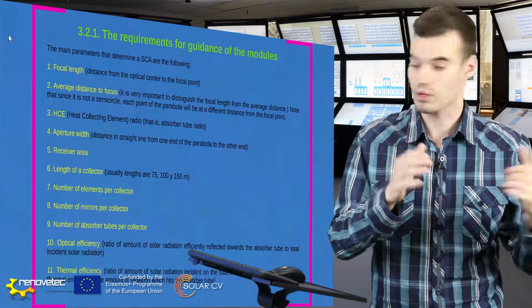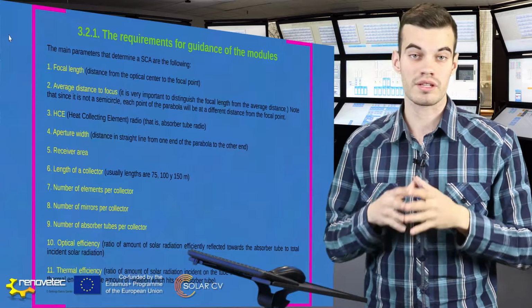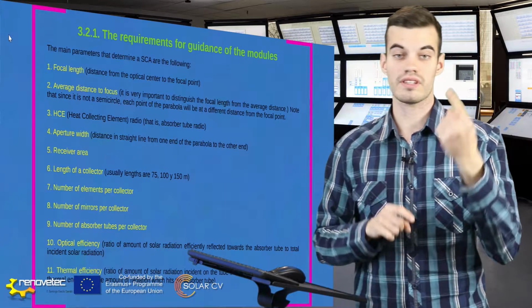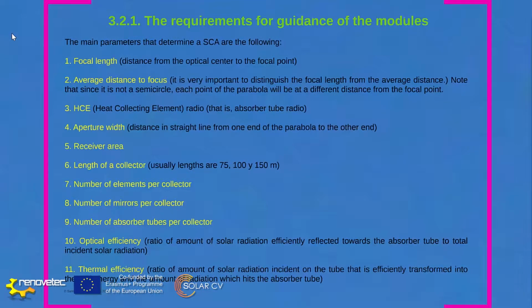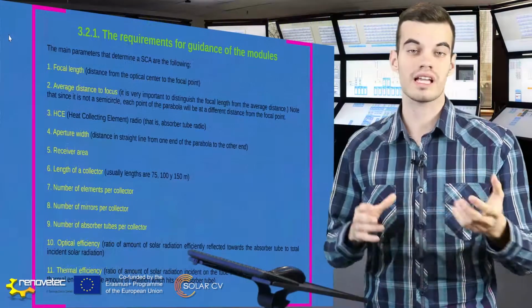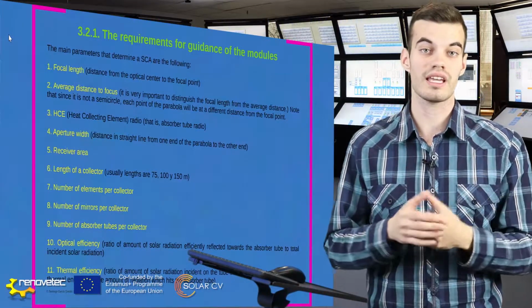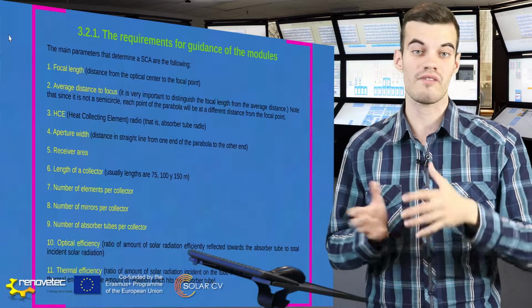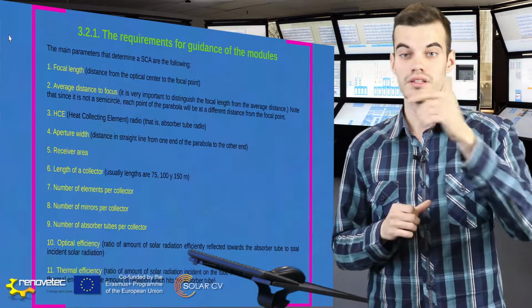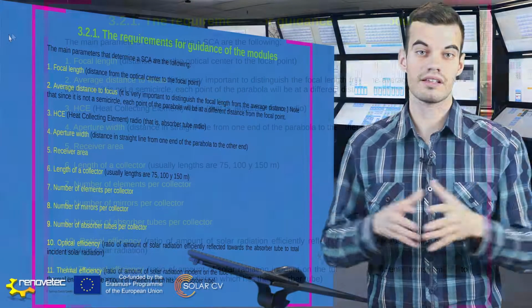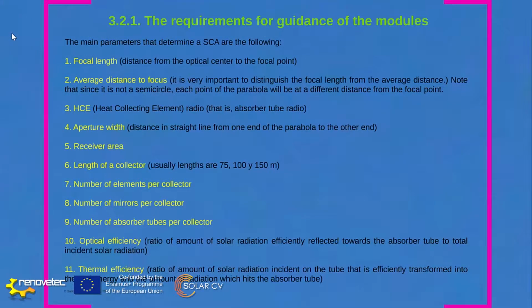Number of mirrors per collector: we are going to have a mirror for each module, so really it is the number of modules. Number of absorber tubes: we are not going to have just one absorber tube, it would be very expensive, we are going to have several sections of absorber tube. Optical efficiency is the ratio of the solar radiation efficiently reflected onto the absorber tube to the total solar radiation absorbed by the reflecting mirror.